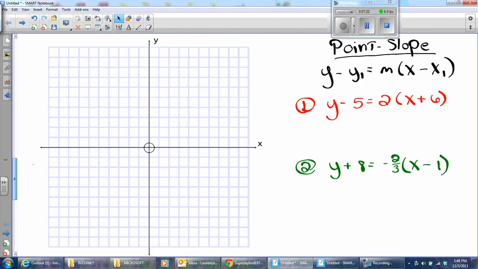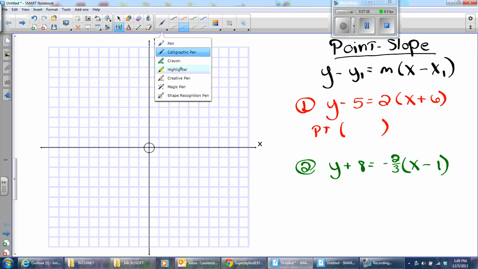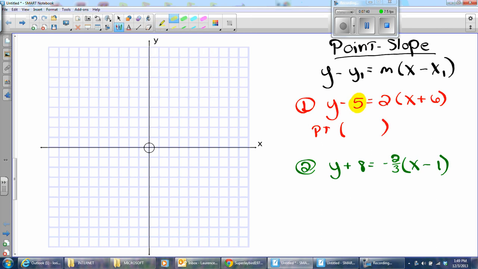Okay, now, yesterday in class, you learned about point-slope form. And with point-slope form, it can be easy because you can easily identify a point. The coordinates of the point are hidden here and here. The only thing is you have to change the signs, right?